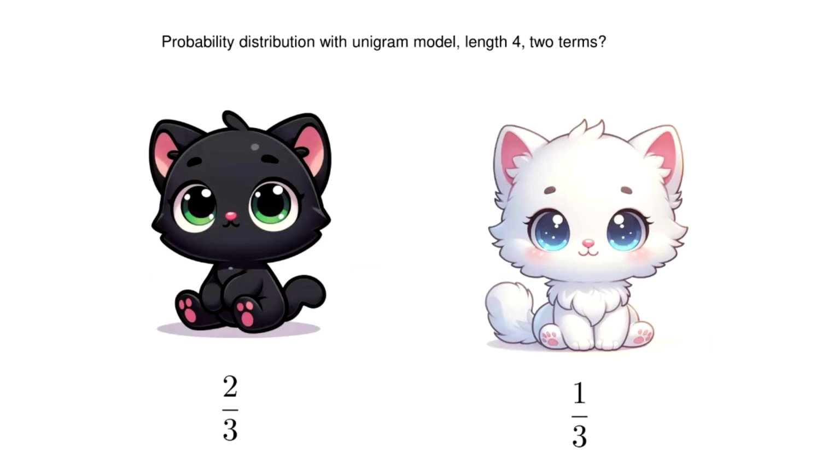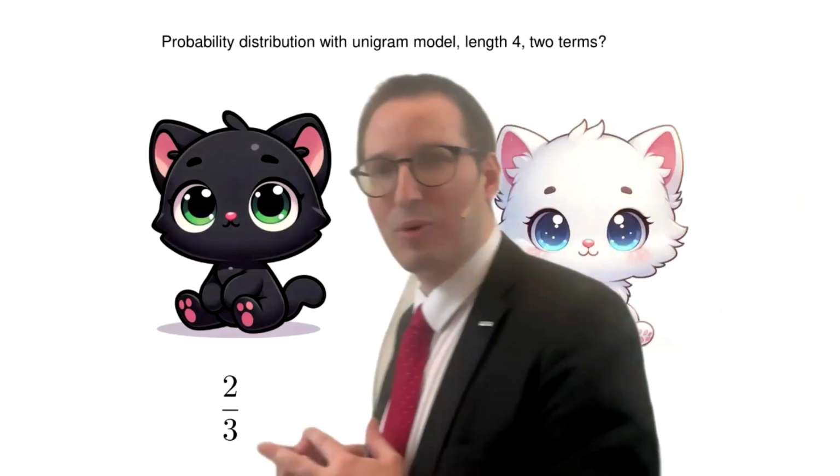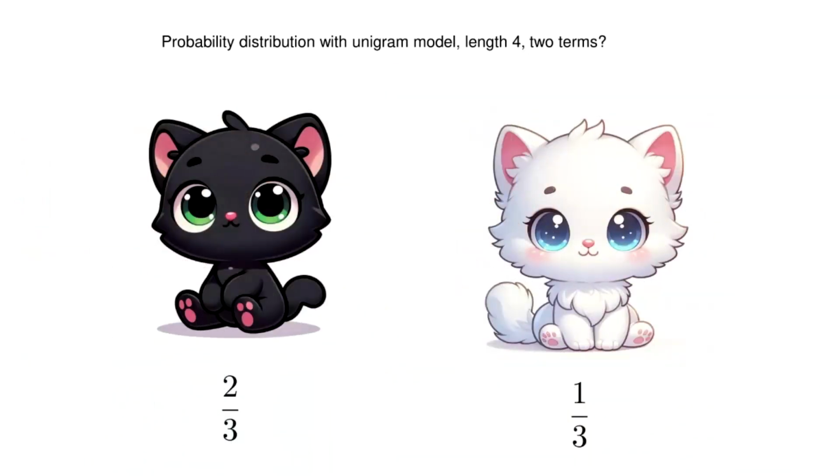Very good. So now, surely you can give me the probability distribution for the unigram model, length of 4, so 4 cats with 2 terms. And I have a probability of 2/3 of generating the black cat and a probability of 1/3 of generating the white cat.